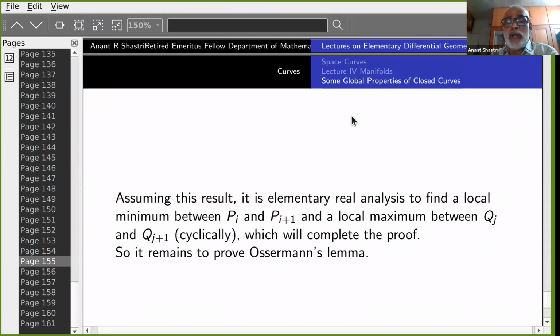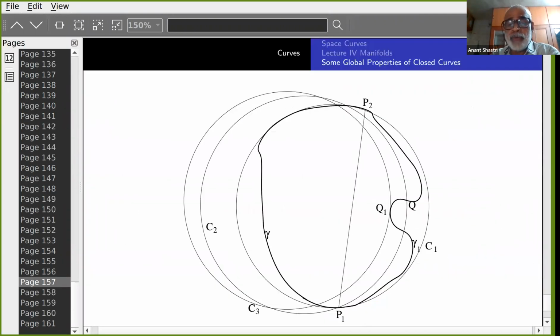So how to find the point Q? It is enough to prove it for one pair of points P1 and P2. Again, I will repeat it for P2 to P3, P3 to P4, and so on. So this picture shows only how to do this for P1 to P2. Look at the part of the curve traced in the counterclockwise sense from P1 to P2.